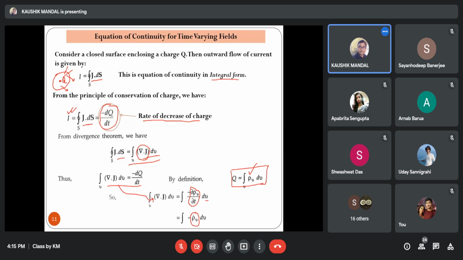Now on both sides of this equation there is a volume integral, so we can write that divergence of J equals minus rho v dot. This particular equation is known as the continuity equation in differential form or point form. So, divergence of J equals minus rho v dot, or you can say minus ∂rho v/∂t.